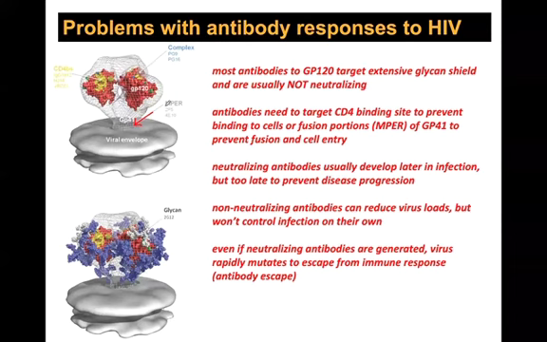Okay, so you either have to prevent binding or prevent fusion to allow the virus to dump the contents into the cell. So neutralizing antibodies usually develop later in infection, where it's too late to prevent disease progression because you've already lost your CD4 cells. That's why that initial response is so important.